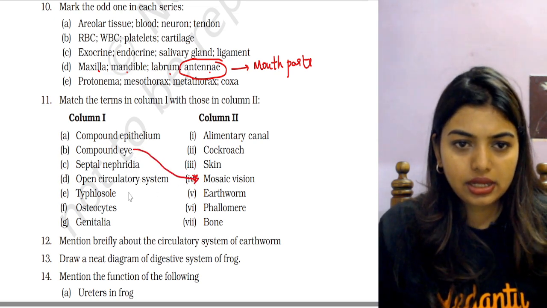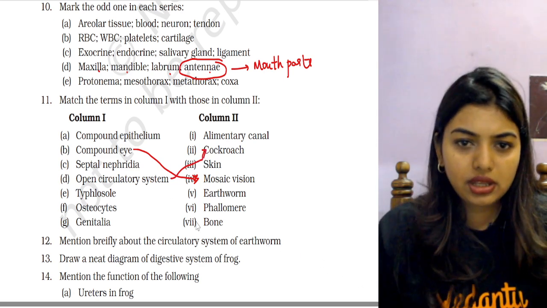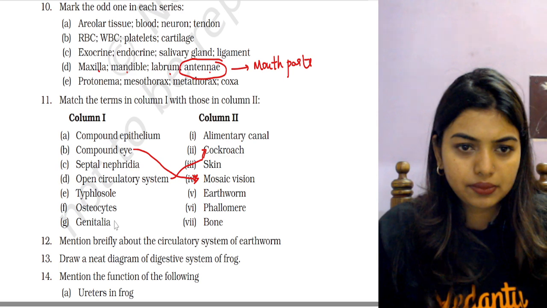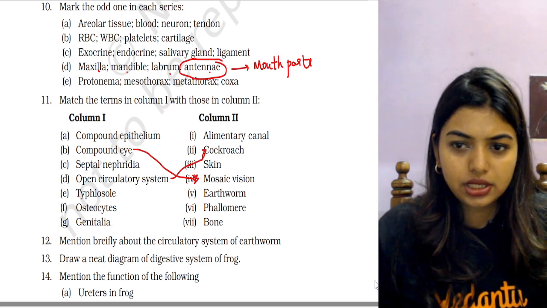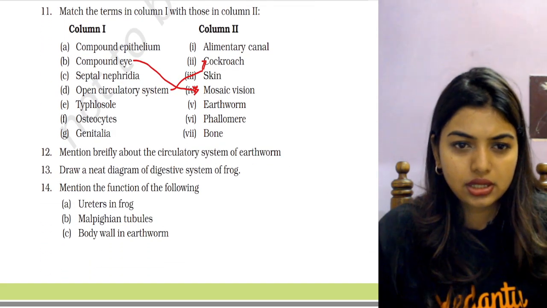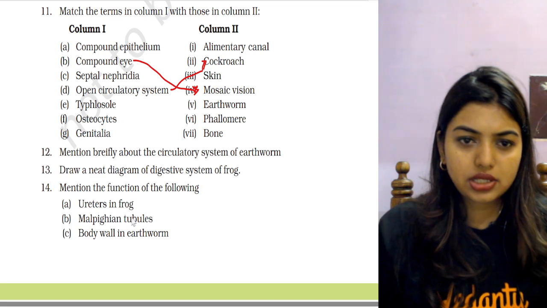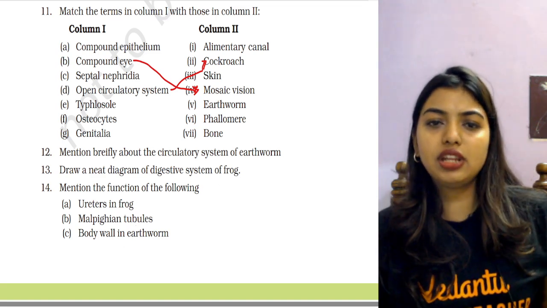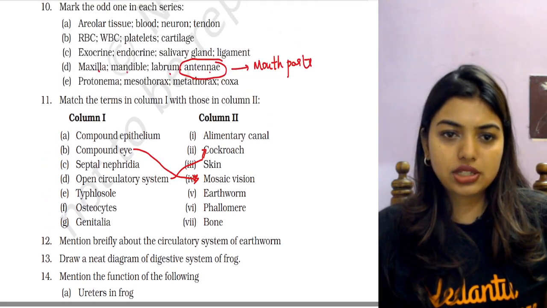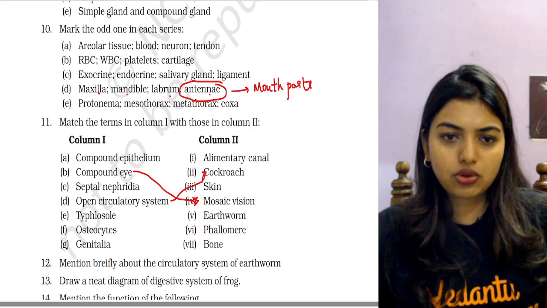Okay, then what else we have? Open circulatory system is seen in cockroach. Other things we don't have to. Okay, phallomeres is given. Genitalia, phallomeres, osteocytes. That's all. Earthworm, digestive system. Okay, all this is only given. So this many questions from cockroach have come.